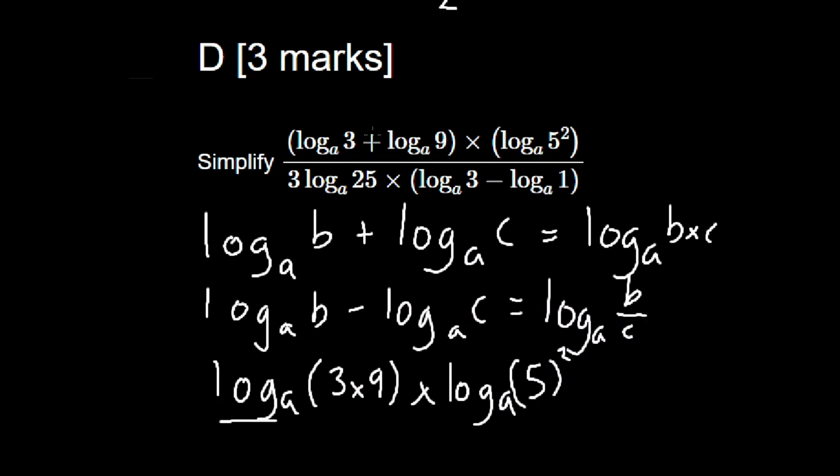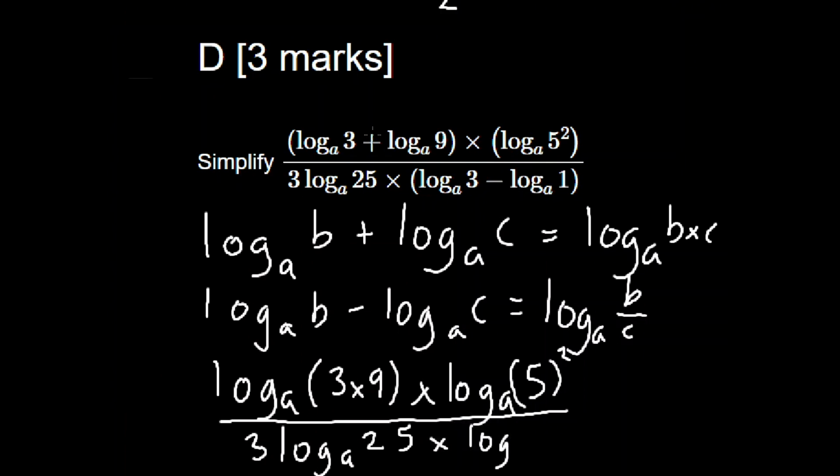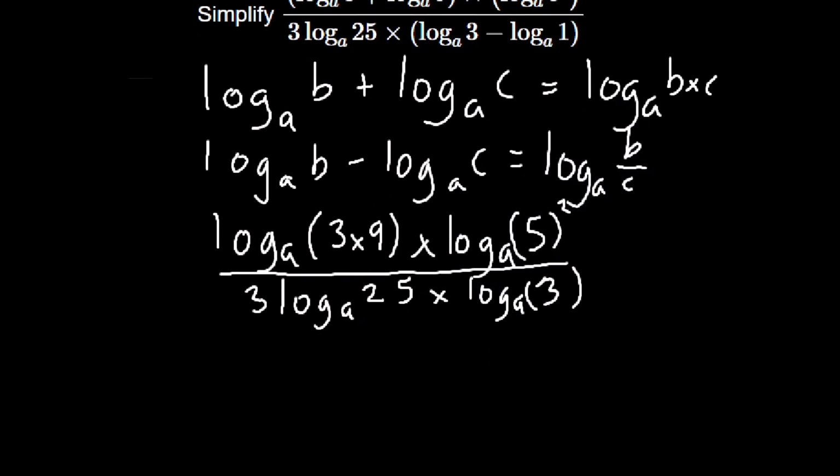Now let's do the bottom bit. Let's simplify that, and that'll be 3 log a 25. All right, and then that's times log a, and then 3 divided by 1 is just going to be equal to 3. Okay, so that's the first bit here.